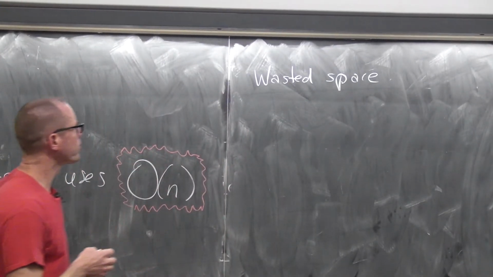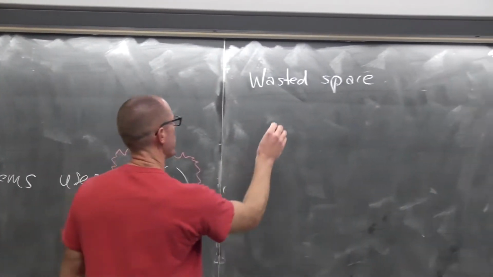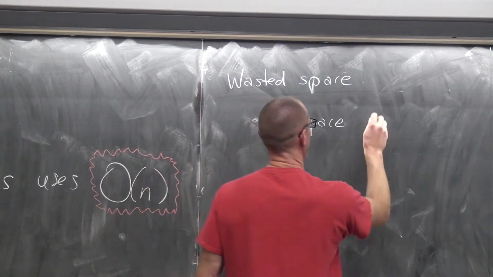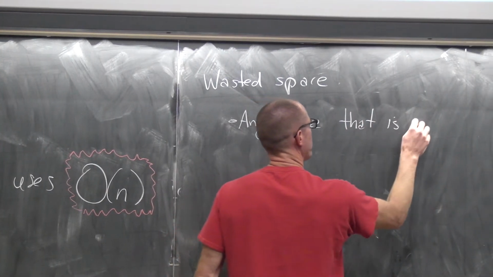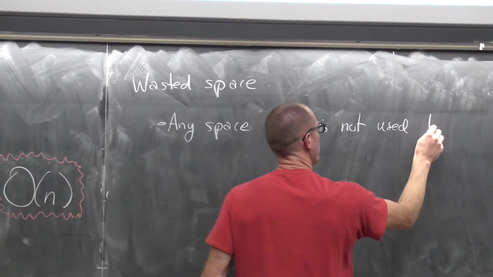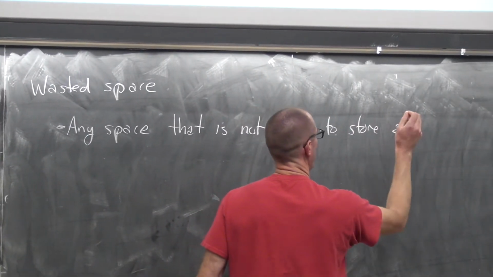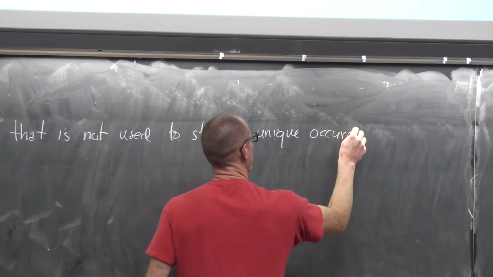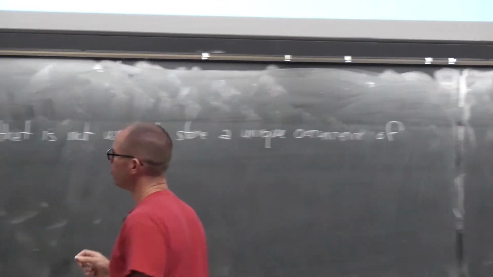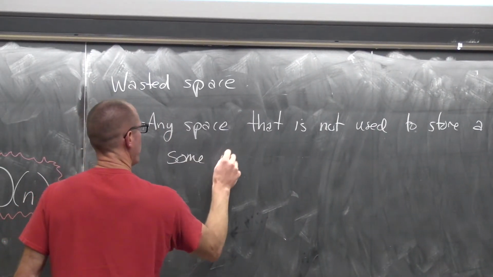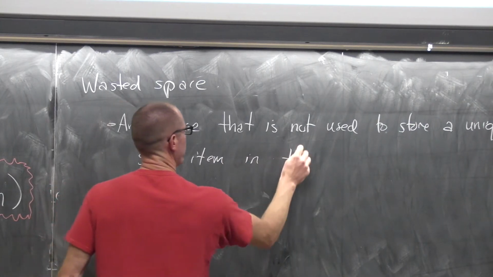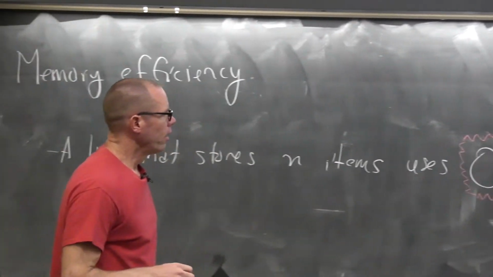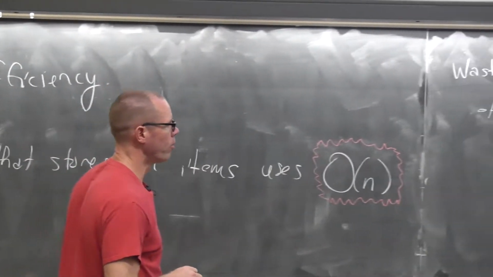And that is any space, memory, that is not used to store a, let's say, unique occurrence of some item in the list. So that's the thing we're looking at.